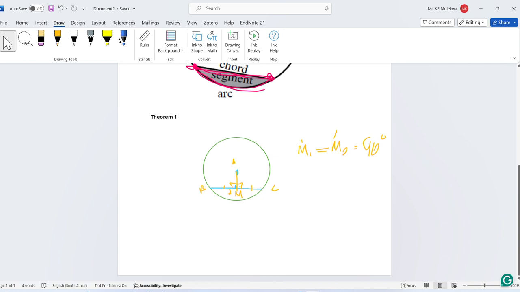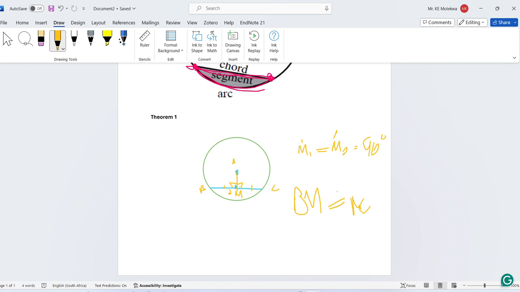Again, when I include the converse of theorem number 1, it says the line from the center perpendicular to the chord bisects the chord. When it bisects, you know that BM, the line BM, is equal to line MC, because of the line from the center perpendicular to the chord.